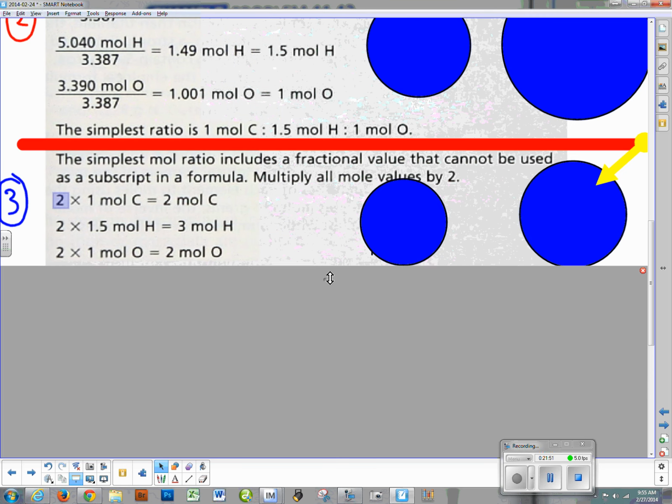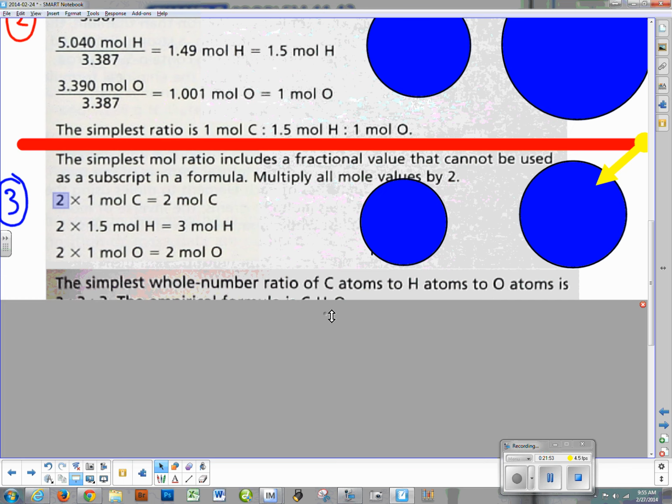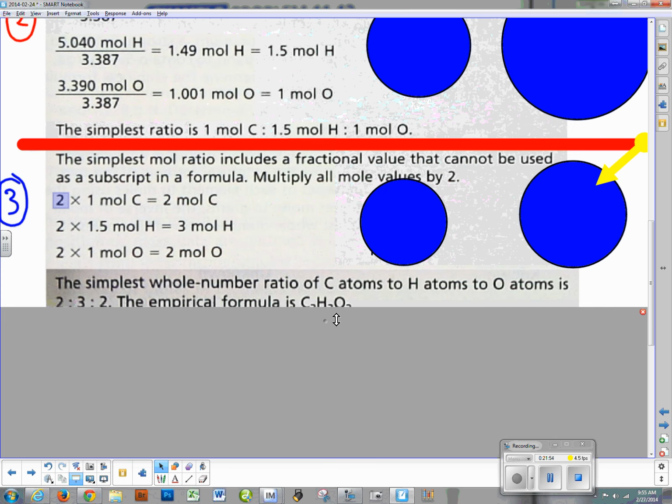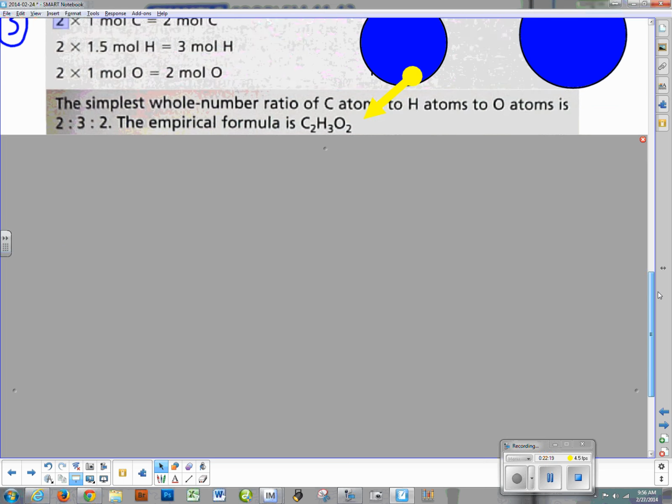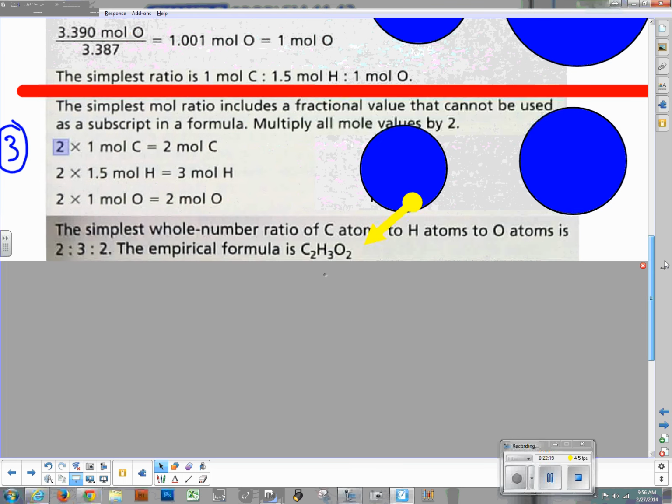Okay. Well, I've got my ratios now, right? There's the empirical formula. That's what we just figured out in this step. So we have our empirical formula, C2H3O2. Oh my gosh, that sounds like acetate, doesn't it? But that's the empirical formula. It's not acetate. Okay? So let's go on down and look at the next one.